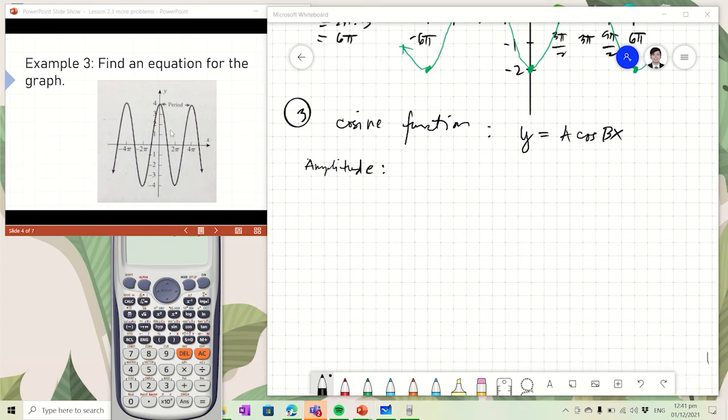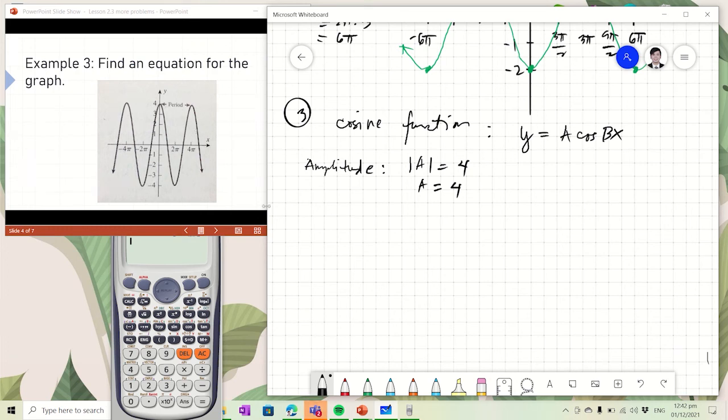So, it's a 4. Right? So, absolute value of A is just 4. So, yung A natin, ibig sabihin nun, it's either negative 4 or 4 siya. Pero 4 siya kasi yung basic graph natin lang siya.